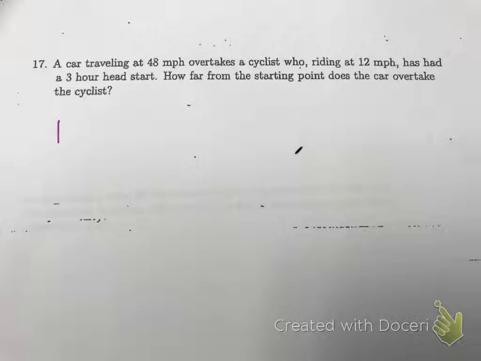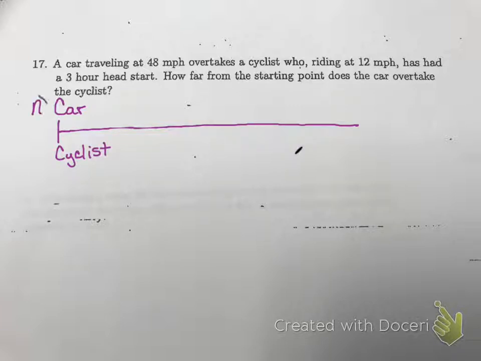Okay? So, I like to draw out things, so let's just take a look here. We've got a car, and we've got the cyclist. Okay? It says that, let's call the car A and the cyclist B, for the sake of making out our chart.